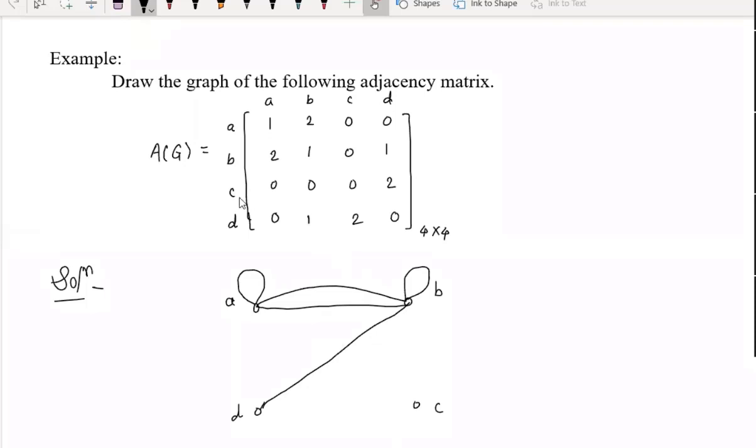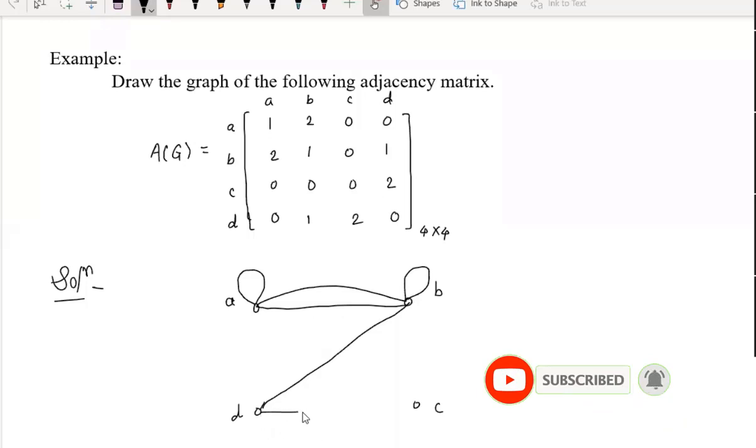So now let's start for C. Where will we start from? We will start from C to C, because C to A and A to C are already the same, and C to B and B to C are already the same. So start with C to C. Are there any edges at vertex C? No. Then C to D. How many edges are there between C and D? 2 edges.